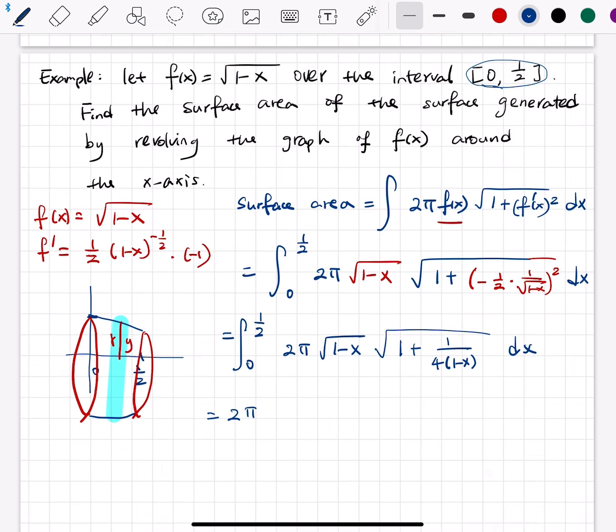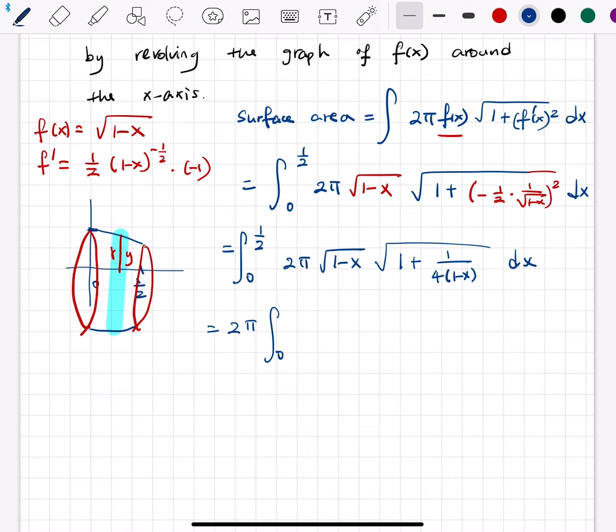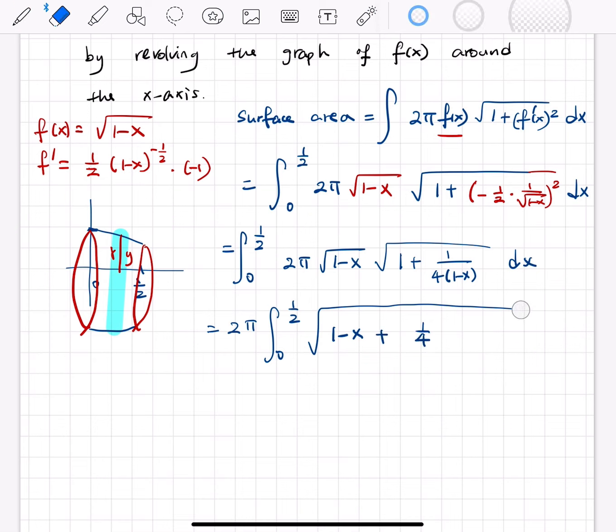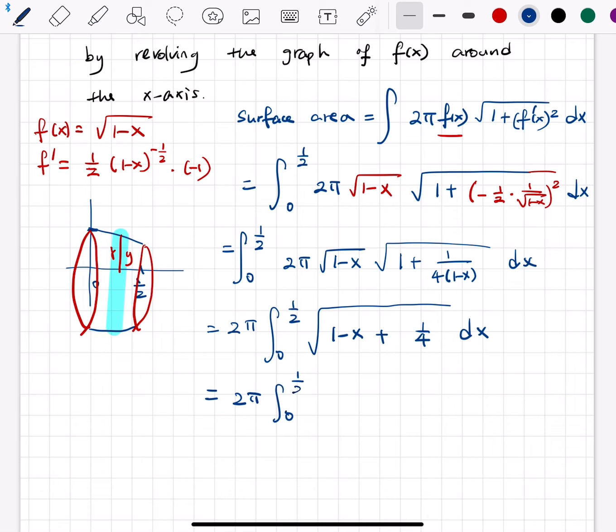Pull out the 2 pi. Square root of 1 minus x, multiplying this one inside, plus 1/4, dx, which is going to be 5/4 minus x, dx.